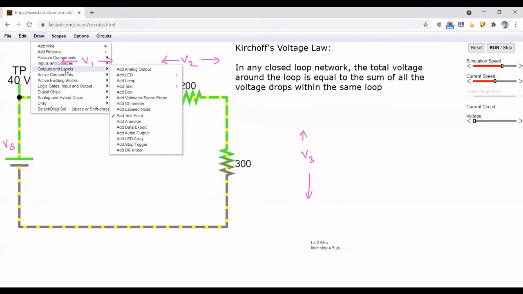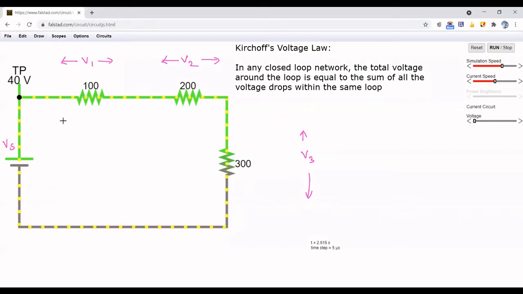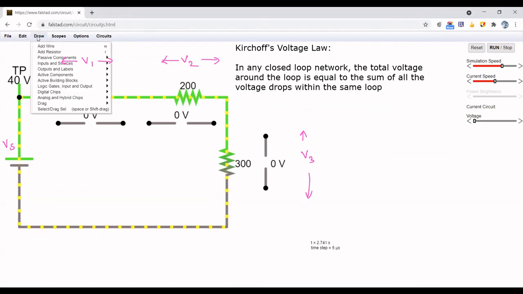So I go to output and label, and then I add a voltmeter. A voltmeter is a measuring device that is used to measure the voltage. So I put the voltmeter across every resistor. Now let me make a connection.